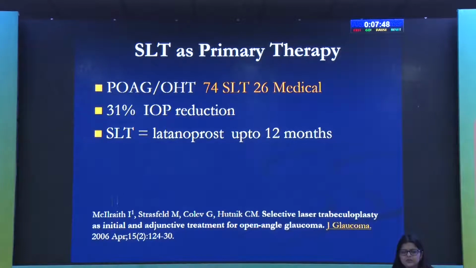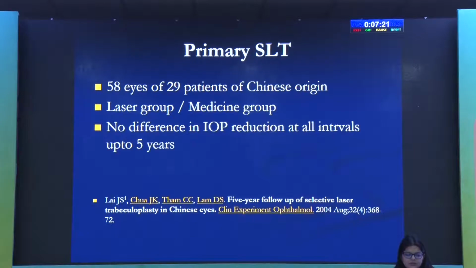They found up to 31% IOP reduction with SLT, equivalent to latanoprost, and it lasted at least 12 months. So you could replace latanoprost, one drug, for 12 months. That's a very good result as far as IOP lowering is concerned.